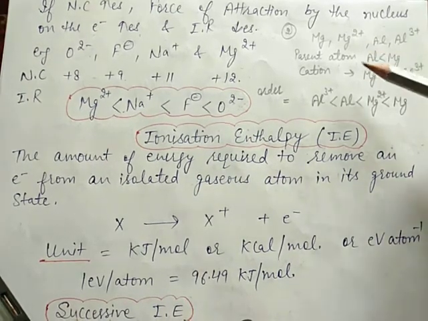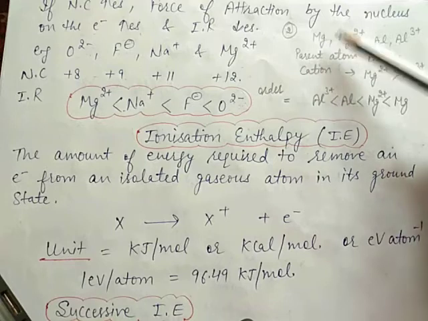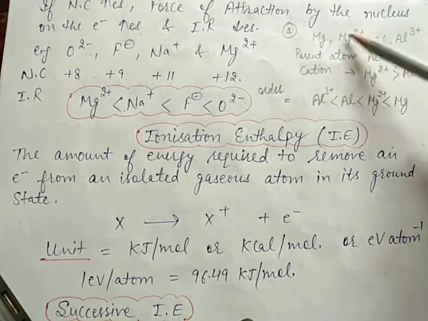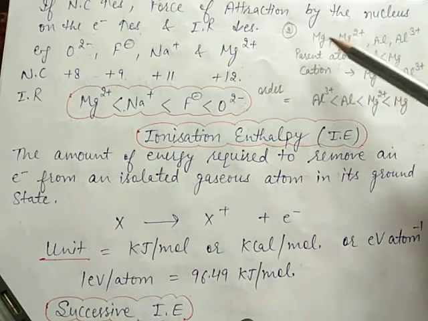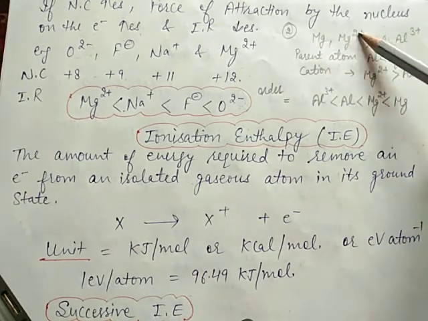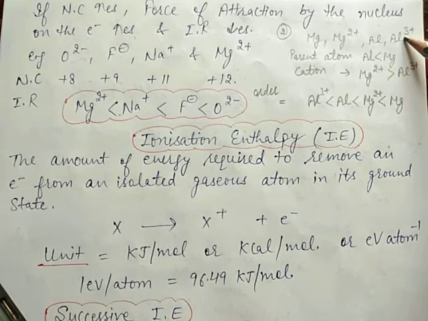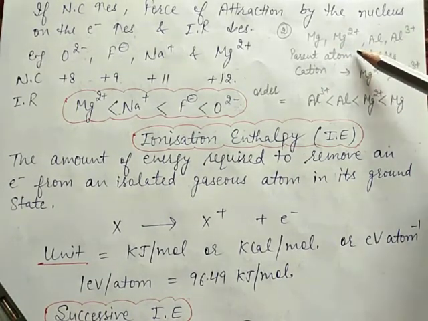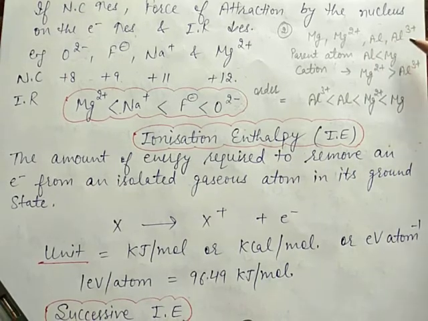Now one more question: which of the following species will have the largest and smallest size? Magnesium, magnesium 2 plus, aluminium, aluminium 3 plus. Among these species, which has the largest and smallest size?